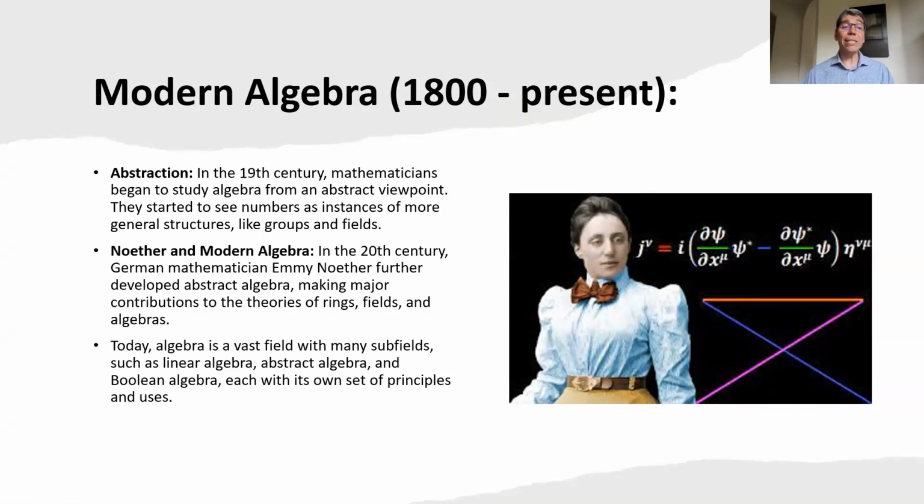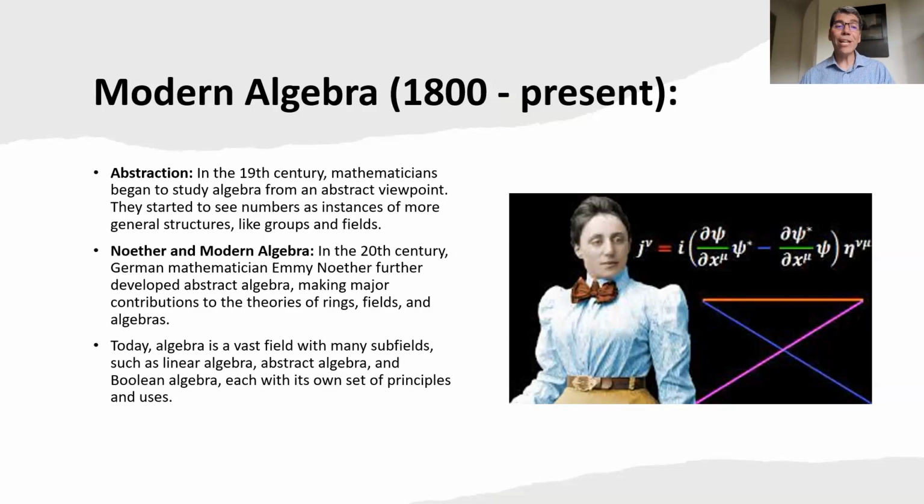Algebra has now developed into many subfields, many other areas of study: linear algebra, abstract algebra, Boolean algebra, which deals with logic and is used a lot in computer science, set algebra, algebra with matrices, and so on.